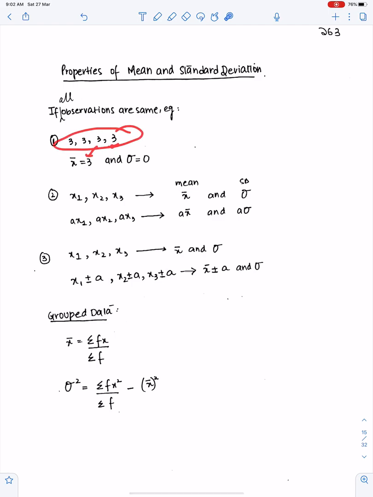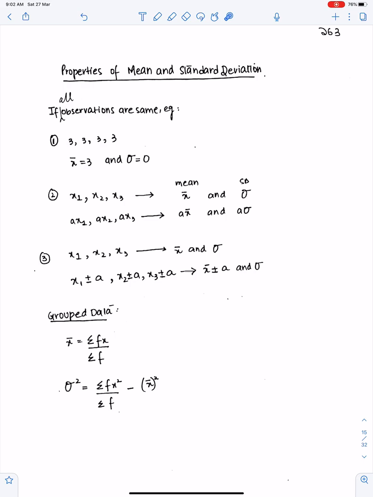Like if the observation is 3, then the mean will be 3. If the observations were 5, then the mean will be 5. But the standard deviation must be 0, because there is no variation of the observations from their mean. This is property number 1.